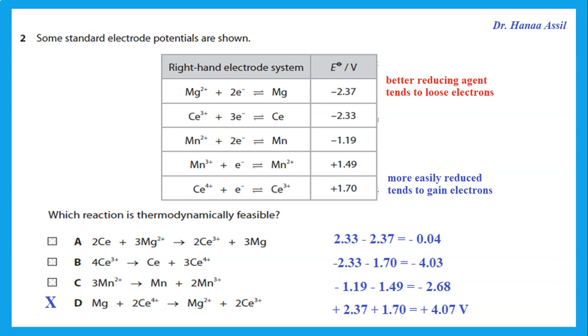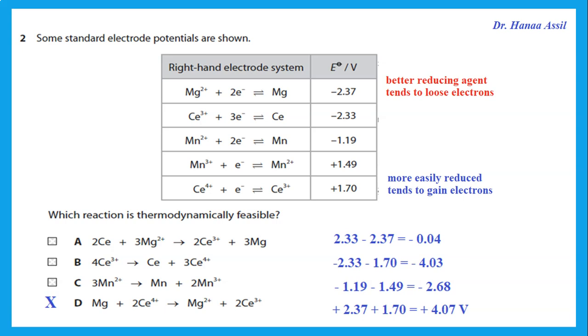We do realize that when we're calculating the E cell, going from cerium to cerium 3 plus, we look at the table. That is the opposite of what we have there. So if it says that the electrode potential for that equation is minus, we need the one that's opposite. So we invert the sign, and that's plus 2.33.